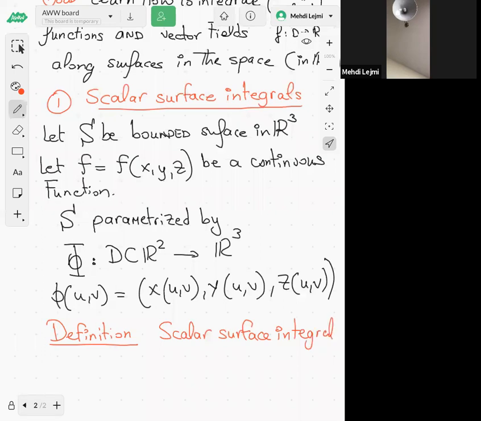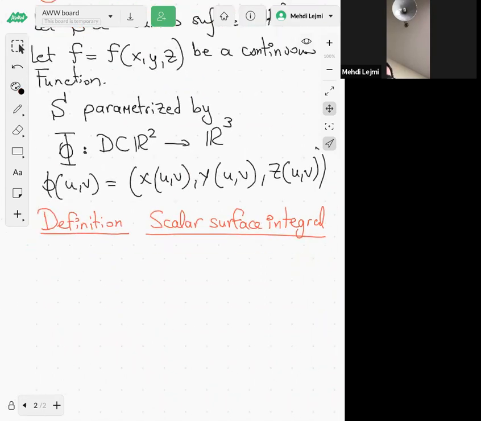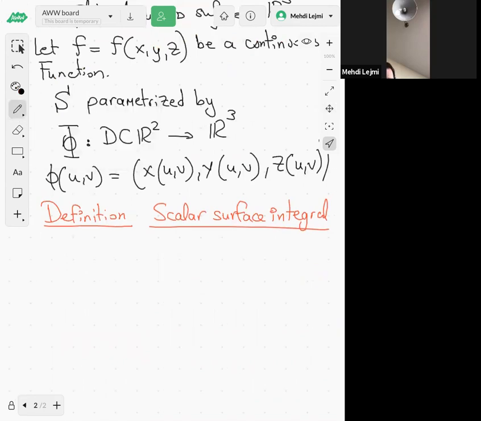So the definition is the following. Of course it's the integral of f along the surface S.